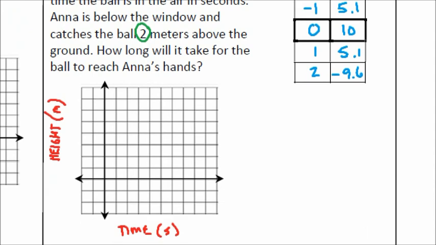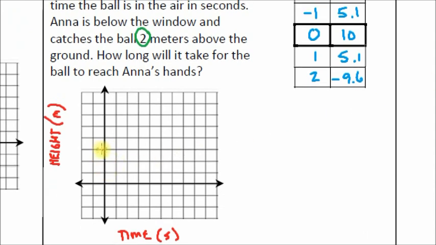That's where we started. If I go 1, 2, 3, 4, 5, 6, 7, 8, that's not going to get me where I need to go. So I'm going to have to go by 2s. So 2, 4, 6, 8, and 10. So there is 10 meters above the ground.